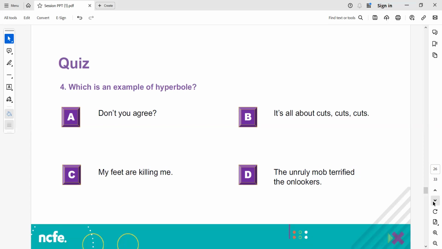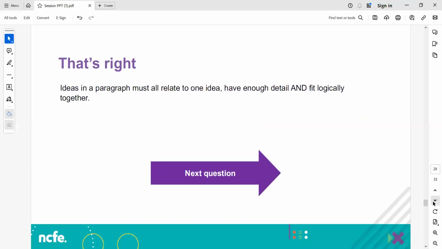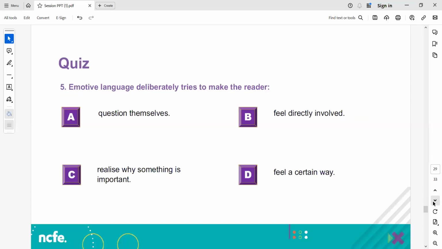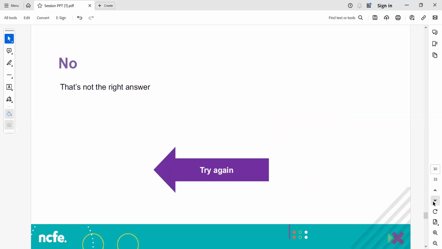My feet are killing me. Emotive language deliberately tries to make the reader question themselves, feel directly involved, realise why something is important, or feel a certain way. D. Good. Feel a certain way. Well done.